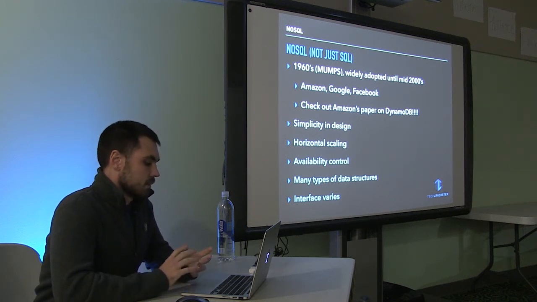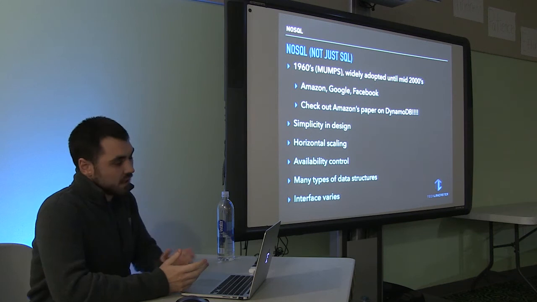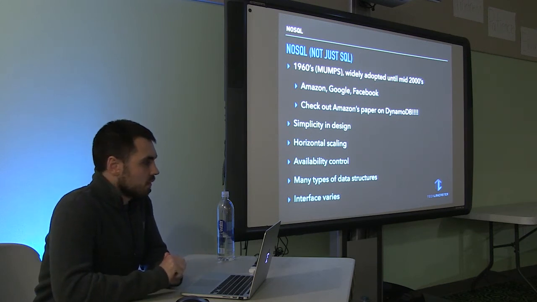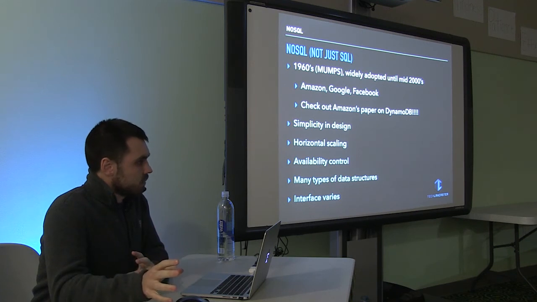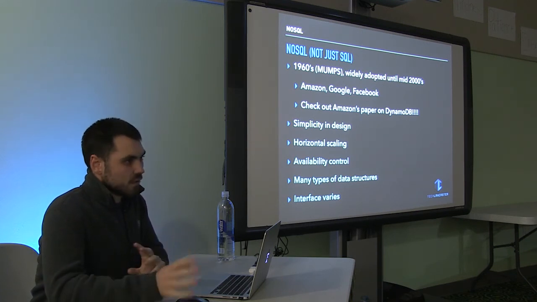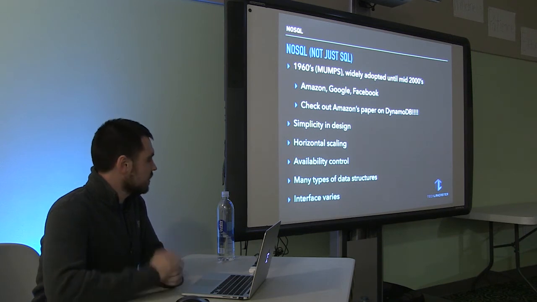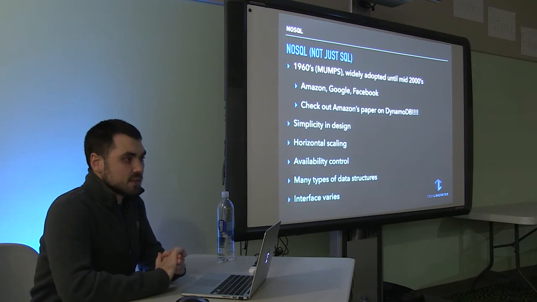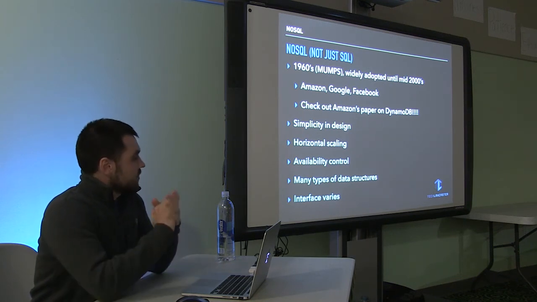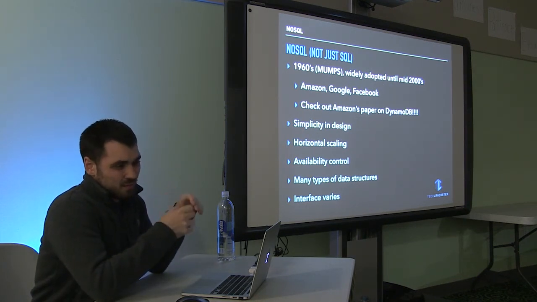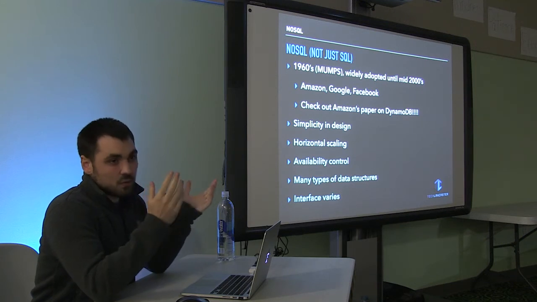NoSQL can support a lot of different types of data structures. That's one of the big advantages of NoSQL. In the end, it's just being stored in binary, but it doesn't really have any restrictions on what you can put into it. We'll see some of that when we dig into them a little bit more. And the interface varies. I should have mentioned this earlier: NoSQL doesn't necessarily mean there is no SQL.